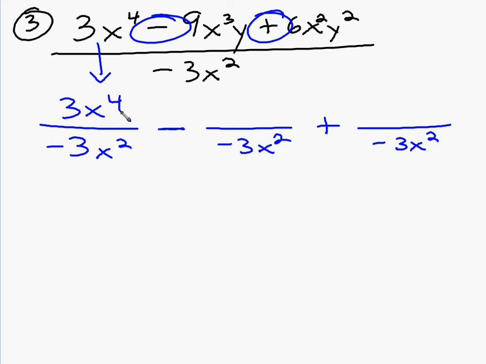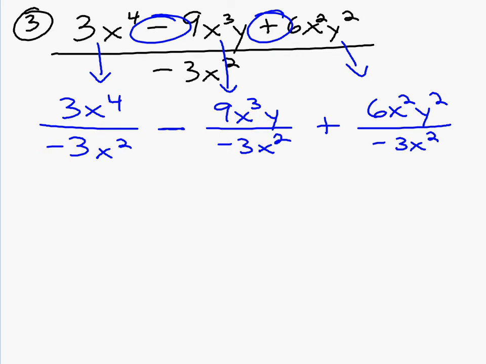The next fraction is going to be 9x cubed y over that same denominator. And the last one is going to be 6x squared y squared. Okay, we're just splitting it into three fractions. And we're going to simplify each of them separately. So let's start with the first one.